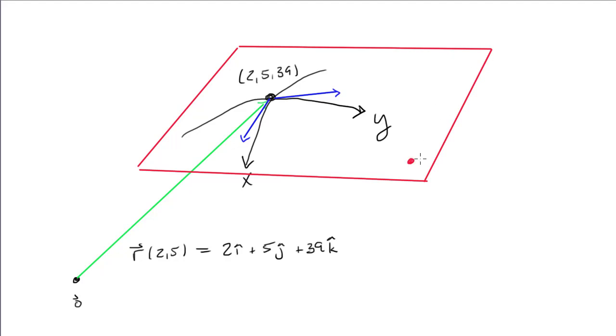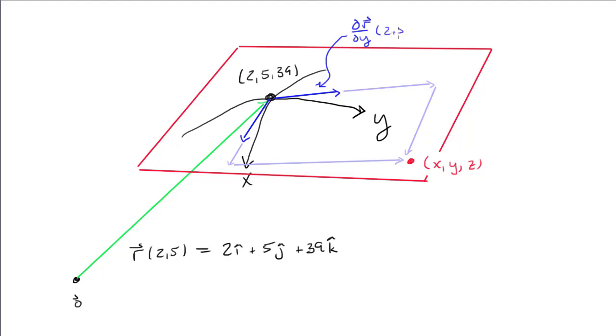To get the equation for the tangent plane, I need to push to any point on the plane. So I push onto the plane with the green, and then I push to the point with the blue.